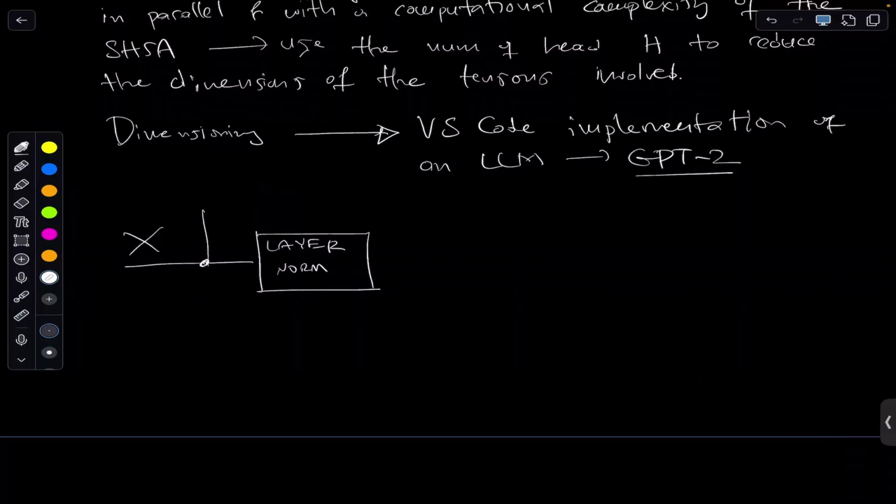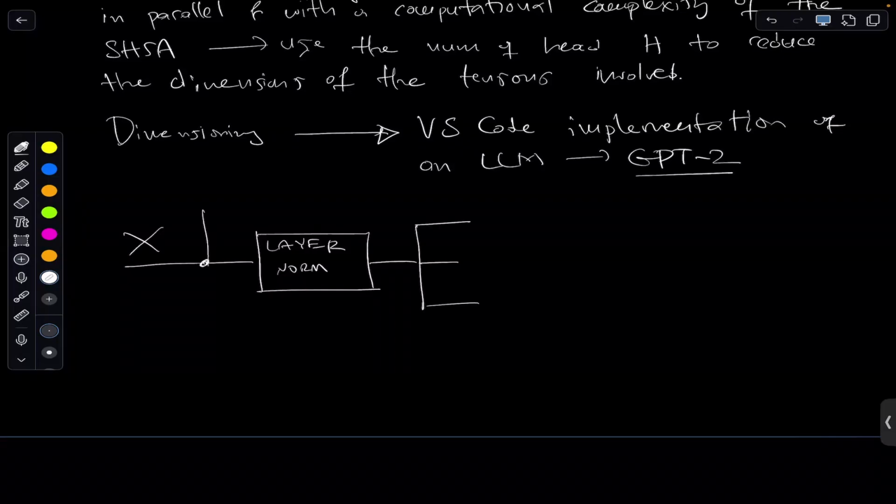We have seen batch normalization earlier in another video. What we will see in layer normalization is a very similar operation to batch normalization, but there are some important differences. And then we have the so-called multi-head. So the input tensor to the multi-head self-attention is really a layer normalized version of X.